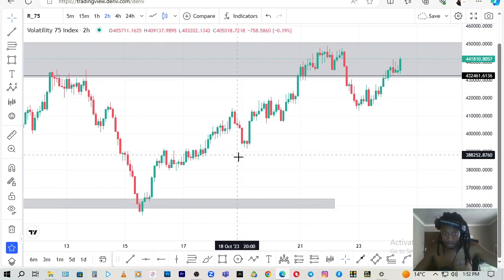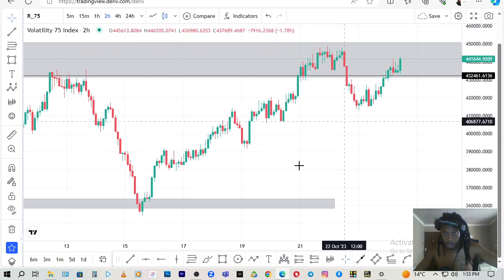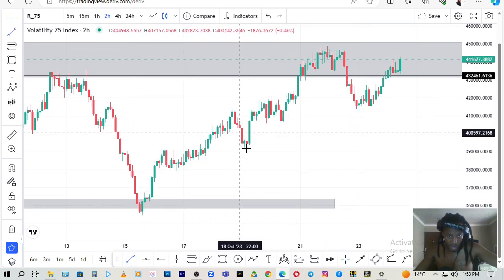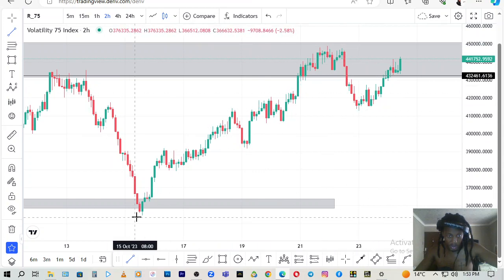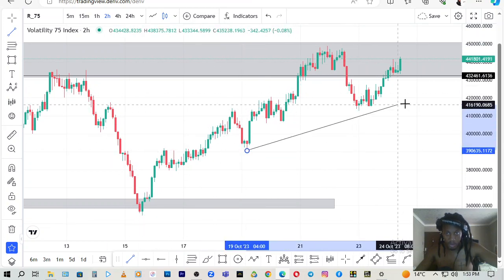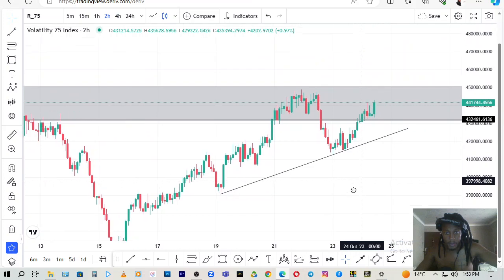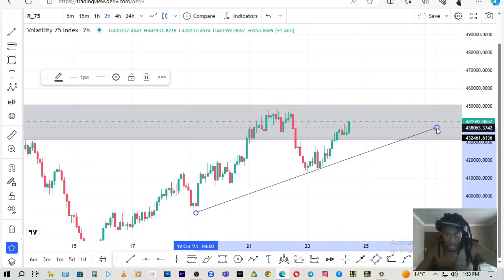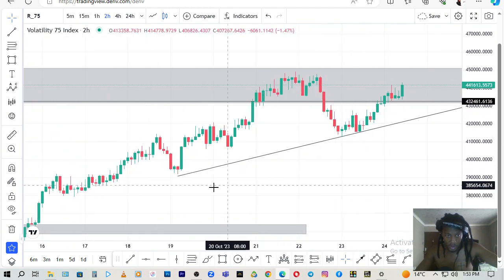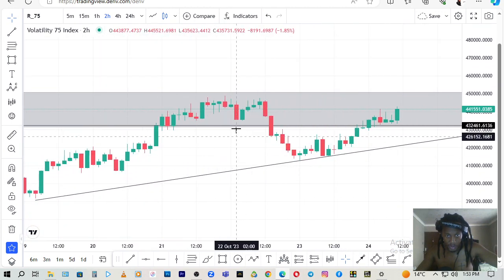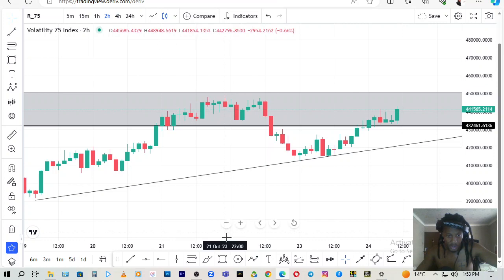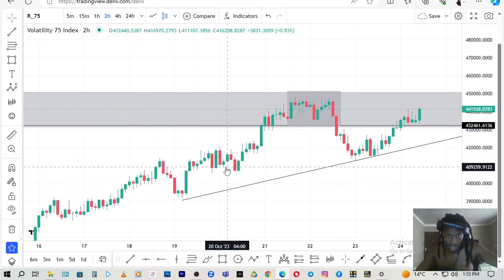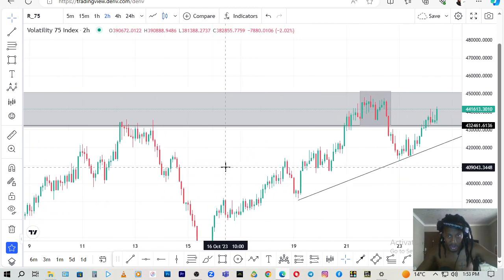We had this high, low, okay. High, low, okay. Let me start by drawing on the previous two lows. So overall we had some rejection over here. If I can mark this area over here, some rejection.